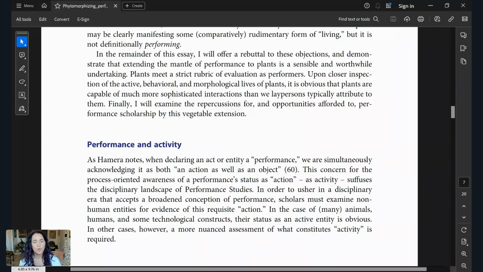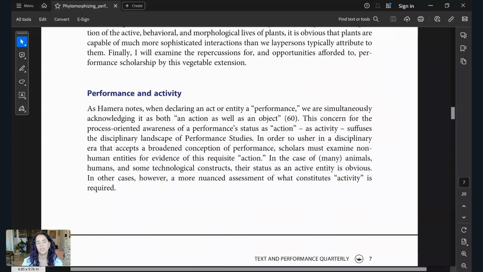Plants meet a strict rubric of evaluation as performers. Upon closer inspection of the active, behavioral, and morphological lives of plants, it is obvious that plants are capable of much more sophisticated interactions than we laypersons typically attribute to them. Finally, I will examine the repercussions for and the opportunities afforded to performance scholarship by this vegetal extension.